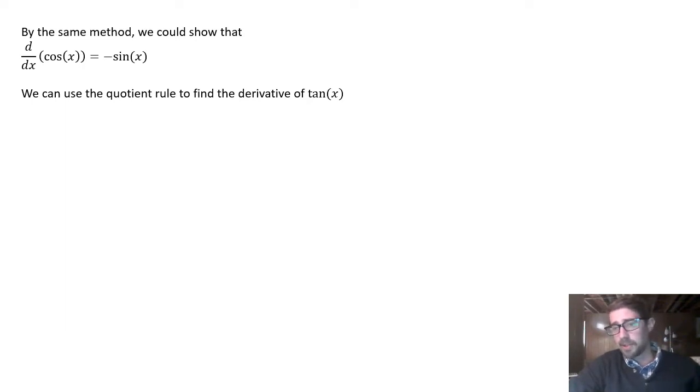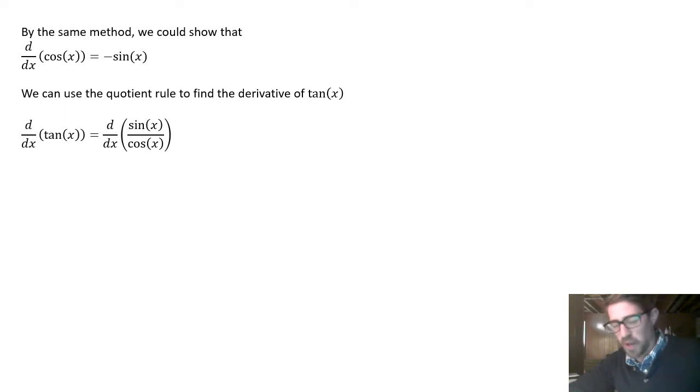And the reason we can use the quotient rule is because every single one of you remembers from trig class that tangent is sine over cosine, right? That's the definition of tangent. That's the kind of thing I do expect you to remember from trig class, is definitions. I don't expect you to remember all those weird formulas and identities, but I expect you to remember what tangent even is.